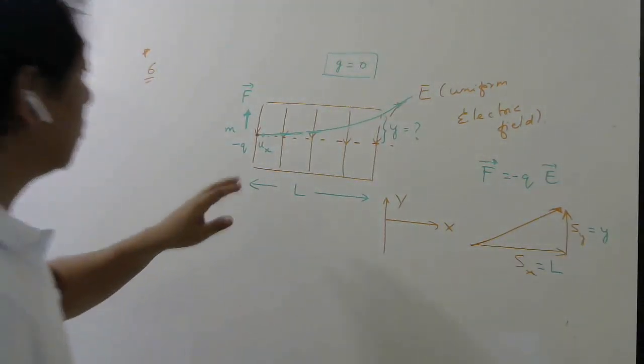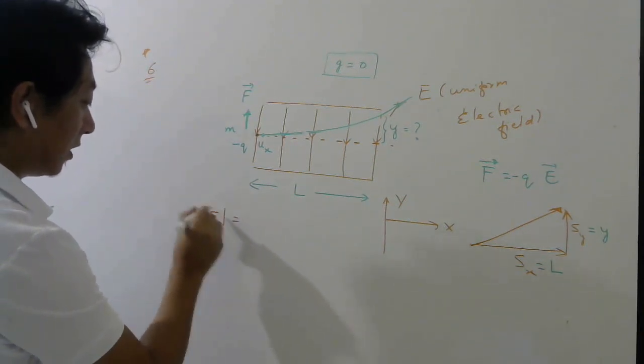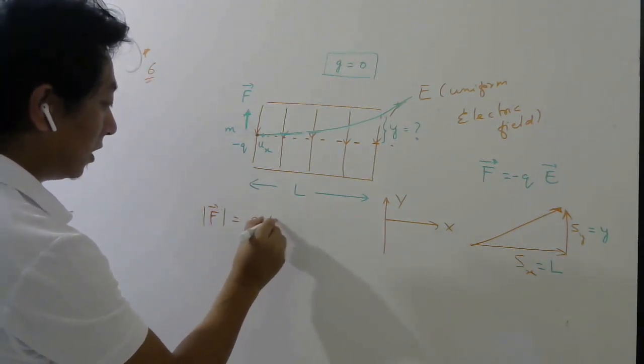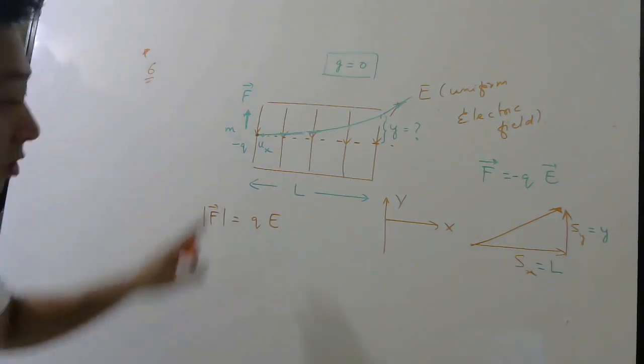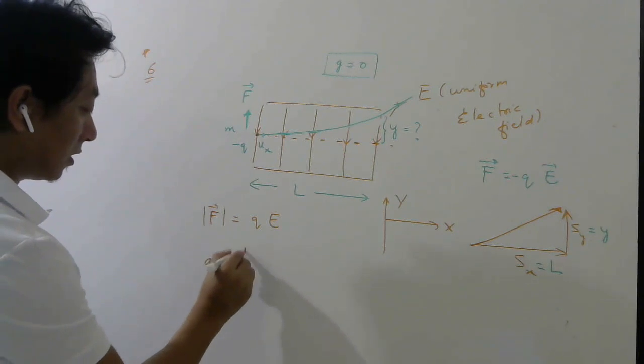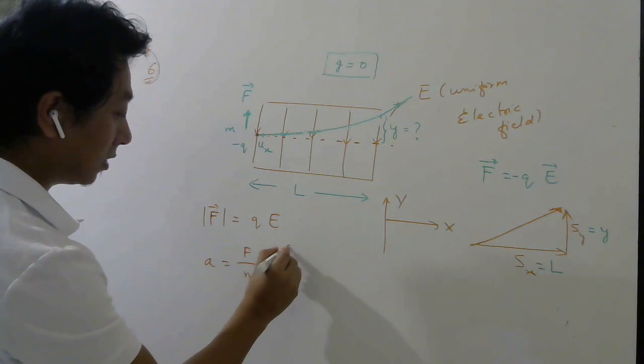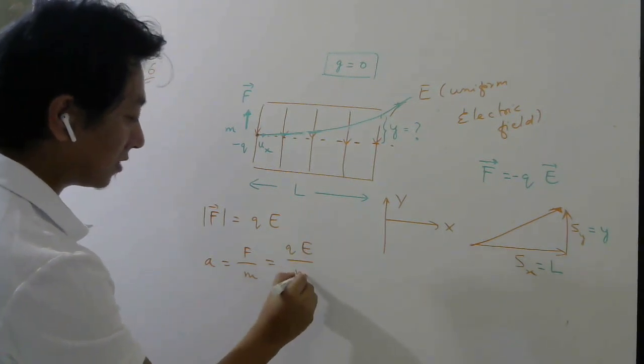Now, what is the formula for the force in magnitude if I write? QE. No need to write the minus sign because I am asking for the magnitude. So if this is the force, what will be the acceleration? Newton's second law: force by mass. So it will be QE divided by mass.